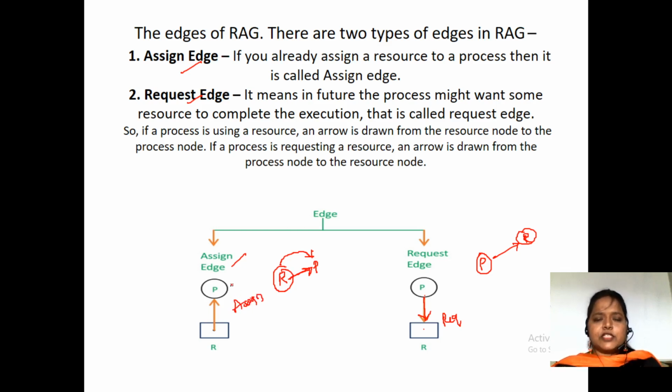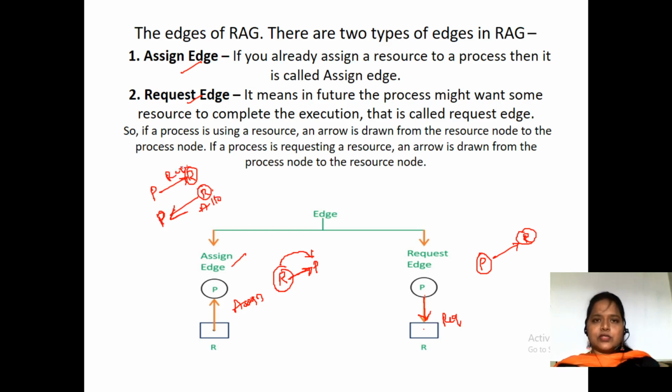In different textbooks it may differ, but if the arrow is from the process towards the resource, the process is requesting the resource. If the arrow goes the other way, the process has been allocated this particular resource. This is allocation, this is requesting.